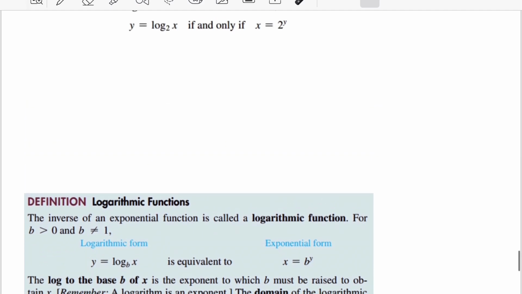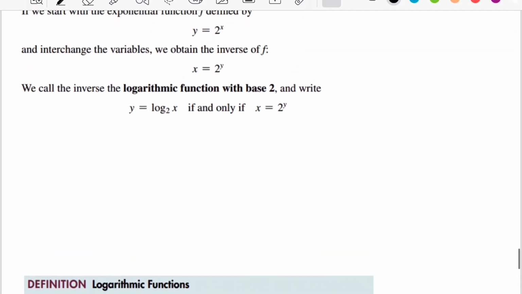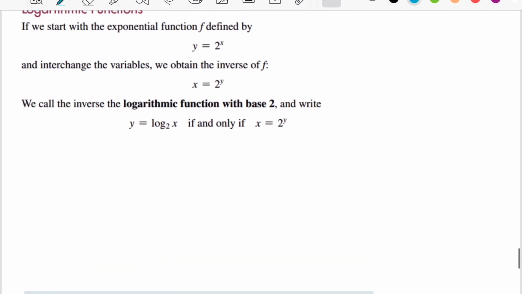Now going back up to this example here, since our log function is the inverse of our exponential function, we can write these interchangeably by using that property. So for example, y is equal to log base 2 of x.